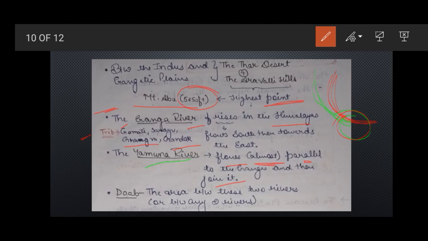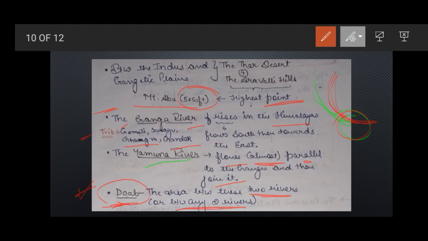Now, here is the definition of Doab. Please mark it as important, because many times students who are new especially don't know the meaning of Doab. Any area between two rivers is known as a Doab.